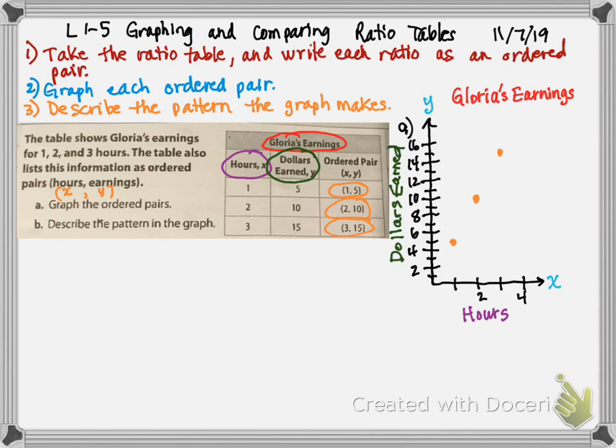Now comes part B. And for part B, remember, I'm going to be describing the pattern in the graph. And this is what I'm going to write in black, my description, but in a different color, what is the question that I'm answering. So a lot of times these explanations are going to be the same for all of these.